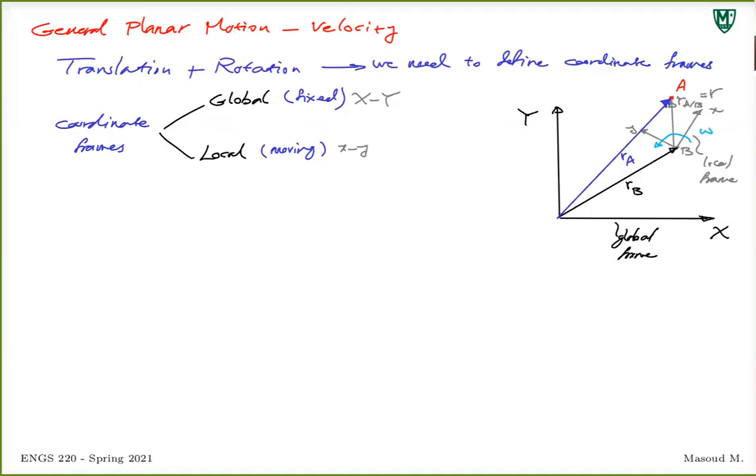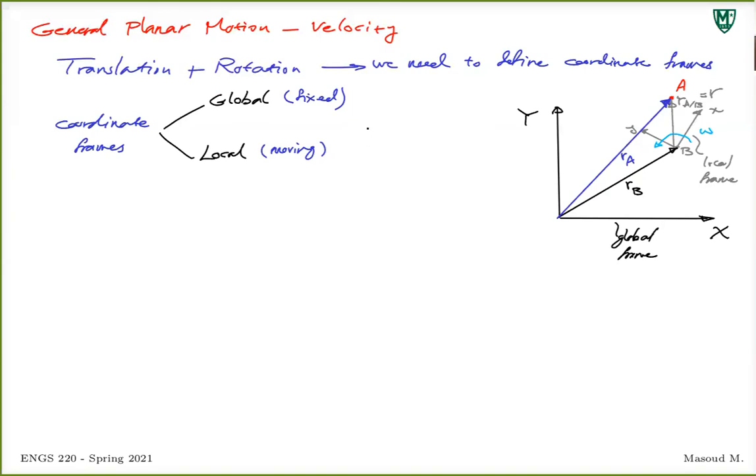Now, in terms of vectors, if you look at RA, RB, RA with respect to B, or simply just R, I already put which one is local, which one is global.